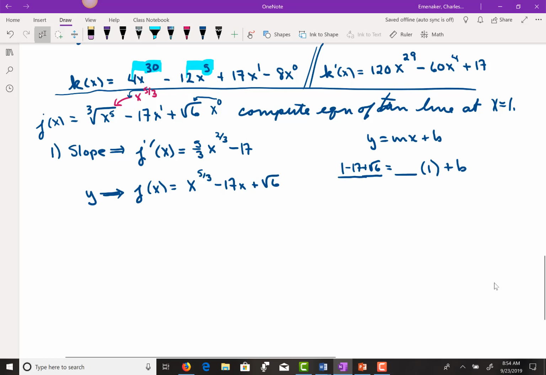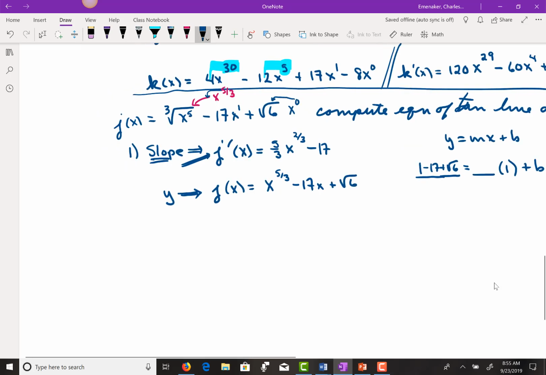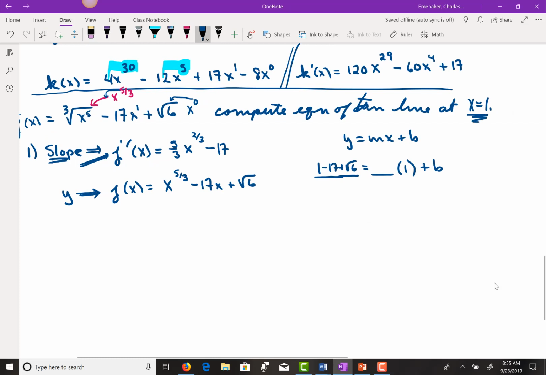Okay? Now, we need a slope. Where are you going to go shopping for slopes? This one is your slope. See it? Oh, it's already labeled. Slope. What value do you plug in for x there? 1. Yeah, we're going to use the x value as 1. And you're going to get a 5/3 out because when you plug 1 in there, 1 to the 2/3 power is 1 times 5/3 is 5/3.